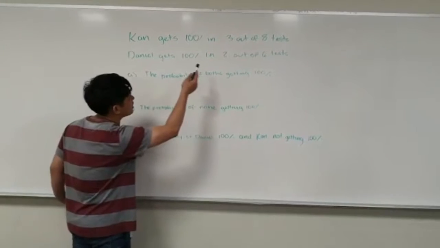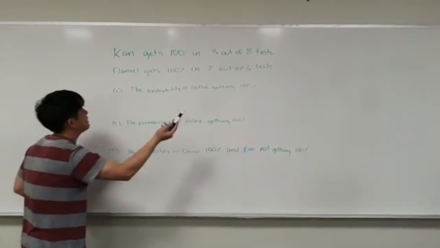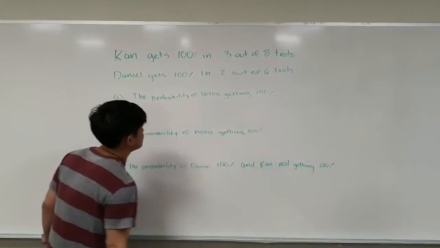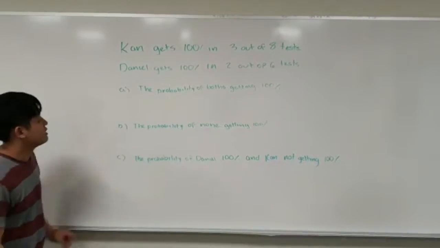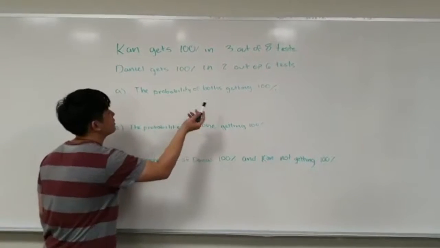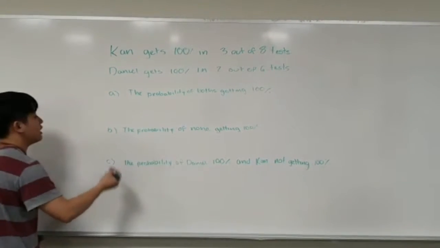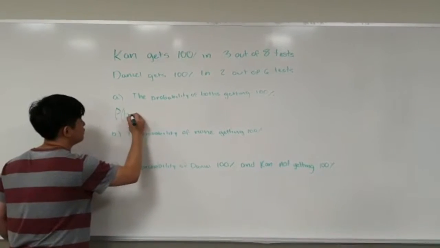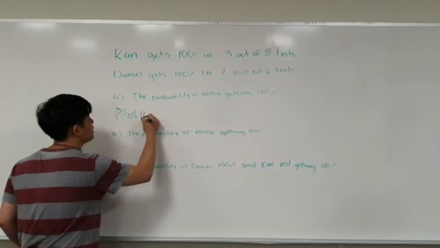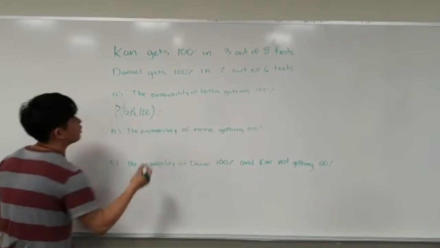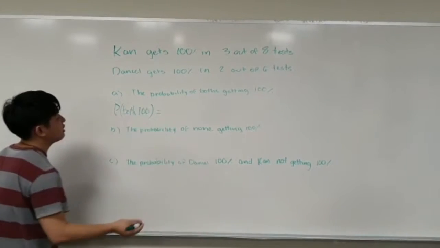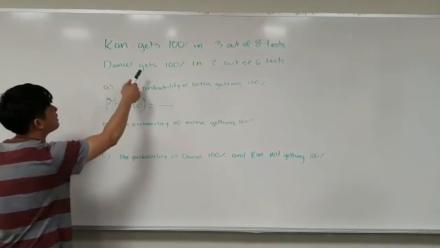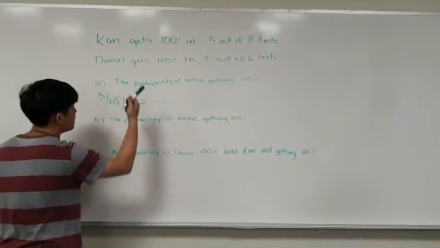Khan gets 100 in 3 out of 8 tests, and Daniel gets 100 in 2 out of 6 tests. Problem A is to find the probability of both getting 100. How we calculate that is by multiplying the probability of Khan getting 100 and also Daniel getting 100.